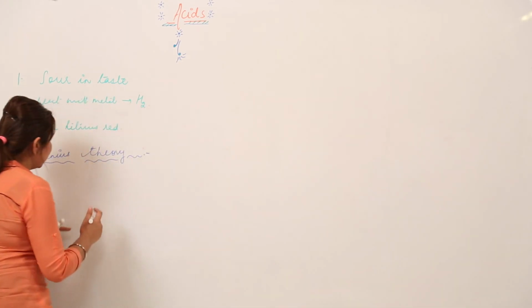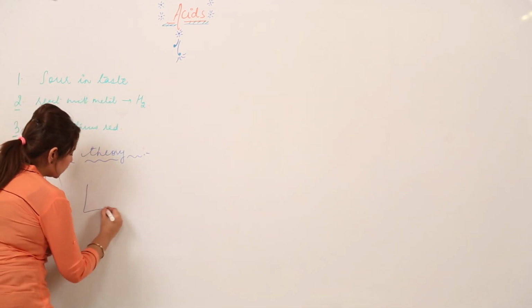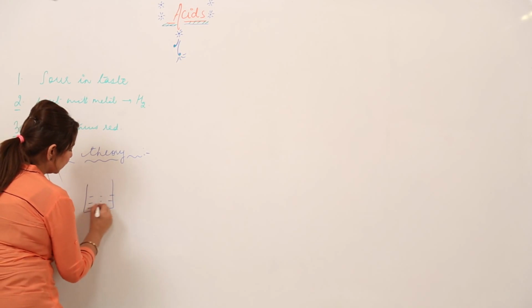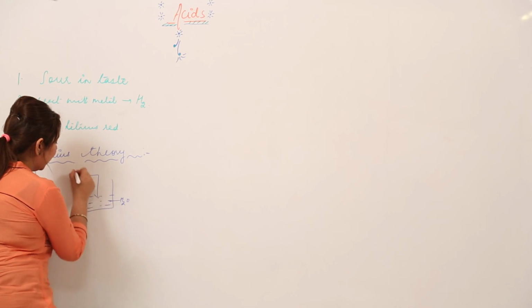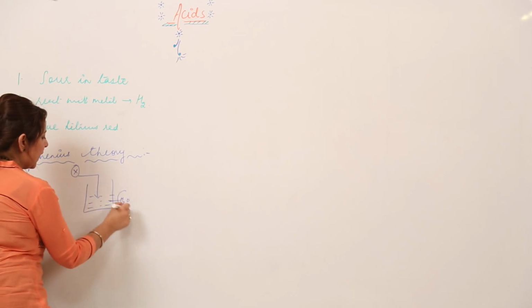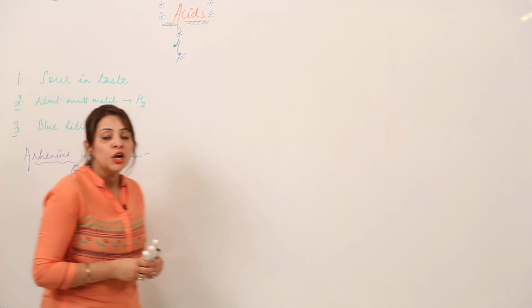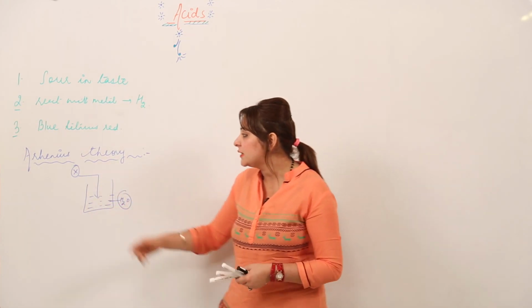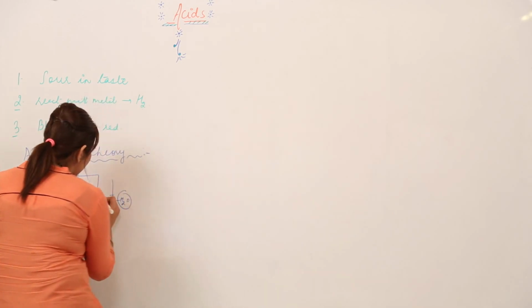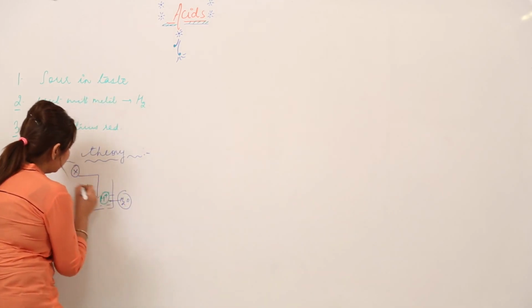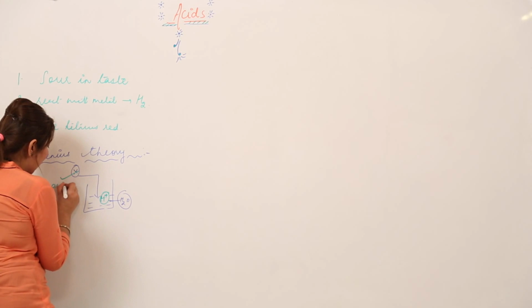What did Arrhenius say? Suppose we have water in this beaker, and I add substance X to it. I am adding this X substance to the water. He said that if this X substance is capable of giving the hydrogen ion in water, that means this given substance is an acid.